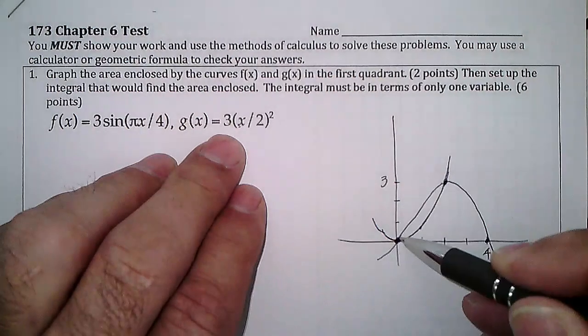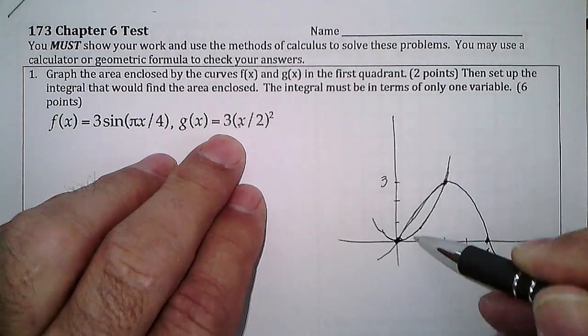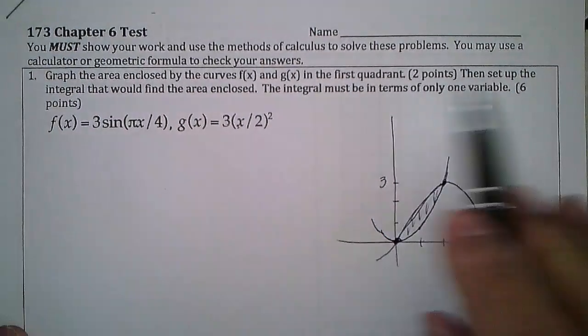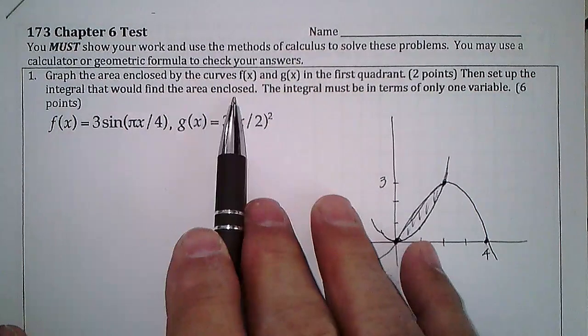So this is kind of what we have, is this area here that I'm supposed to write. And it just says, now set up the integral to find the enclosed area.